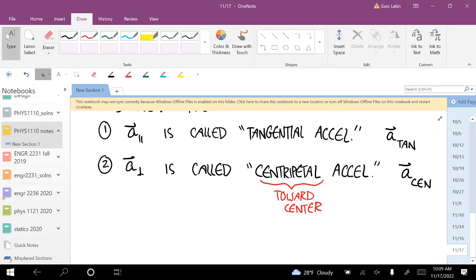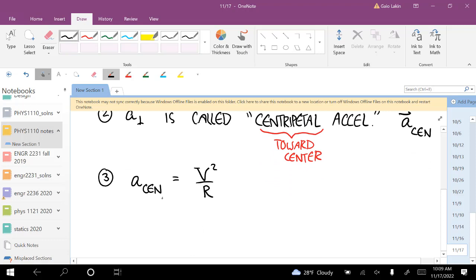And then the last new thing is if something is in circular motion, the magnitude of that centripetal acceleration is always known. You can always calculate that. And that's equal to the speed squared over the radius of the circle. So this is the magnitude of the centripetal acceleration vector.